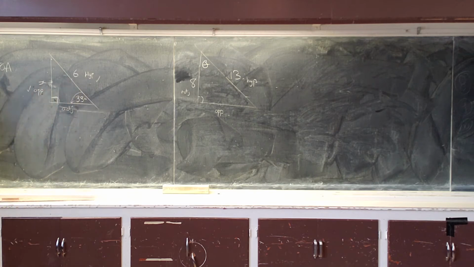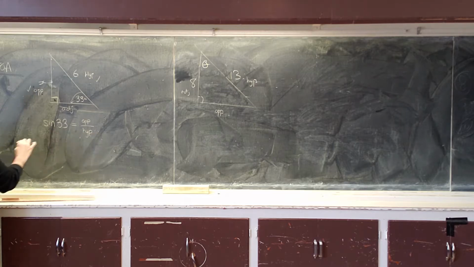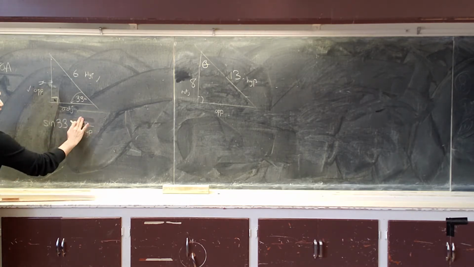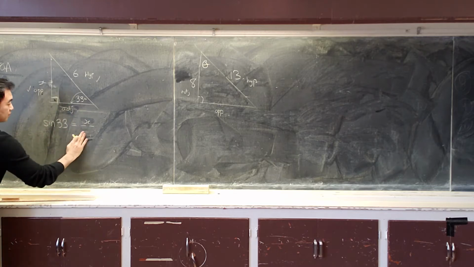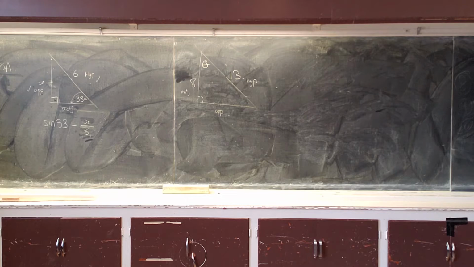Opposite and hypotenuse are only found together in sine. Sine of 33, and now take out your calculator, is equal to opposite over hypotenuse, or x over 6. And that's it.